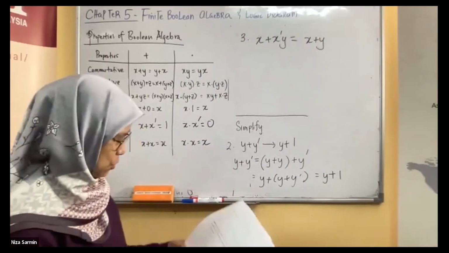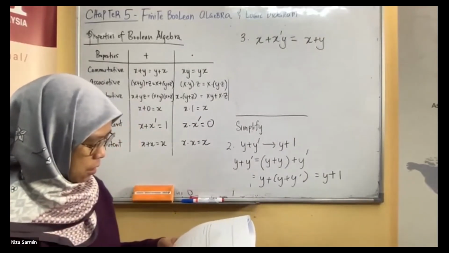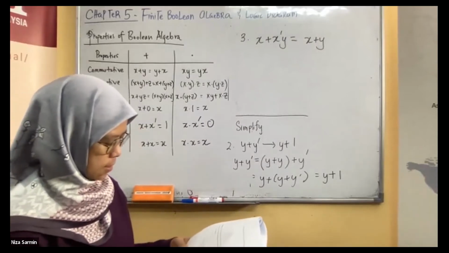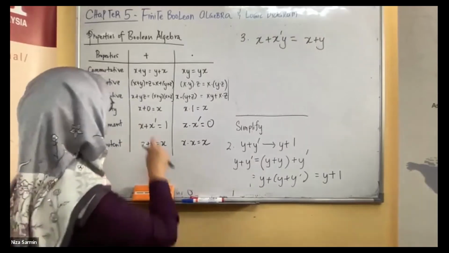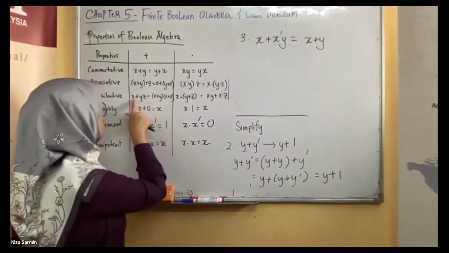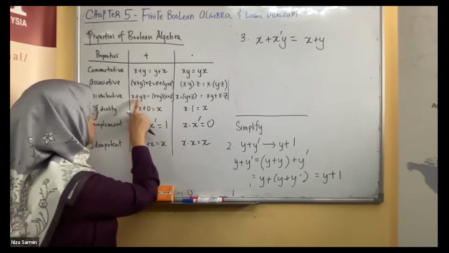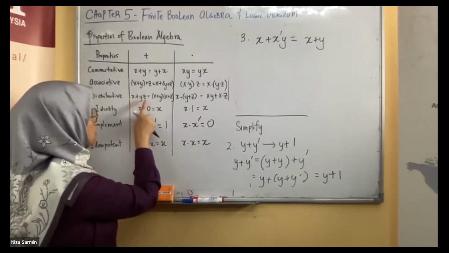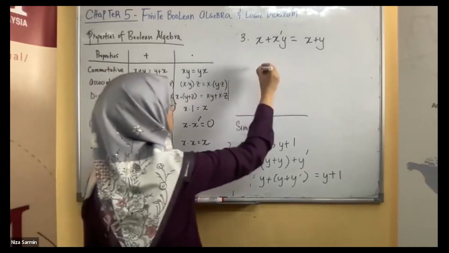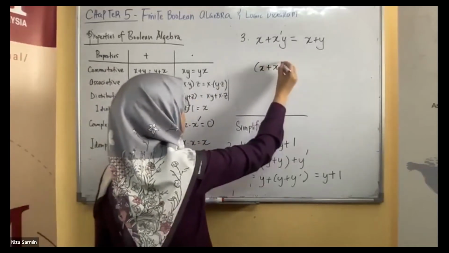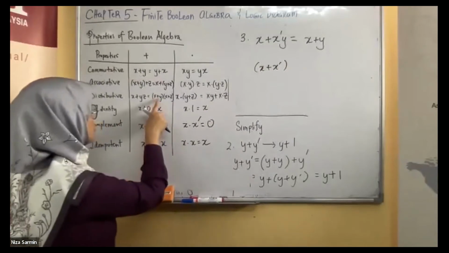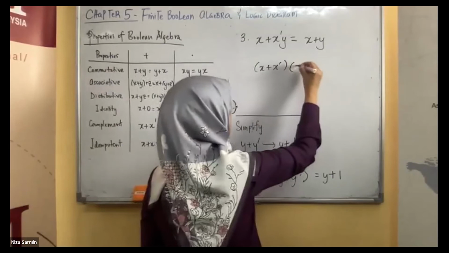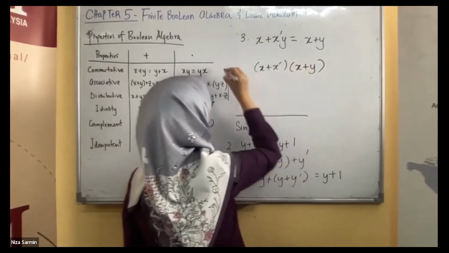What you will do is use distributive. You see, x plus x prime y is x plus x prime times x plus y. This one.